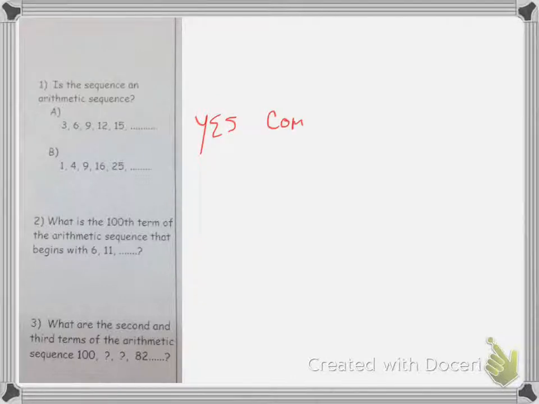And the common difference, which is represented as d, is what you're adding or subtracting every time. So the common difference is 3. Here, to go from 1 to 4, I would add 3, but to go from 4 to 9, I add 5, to go from 9 to 16, I add 7, and to go from 16 to 25, I add 9.